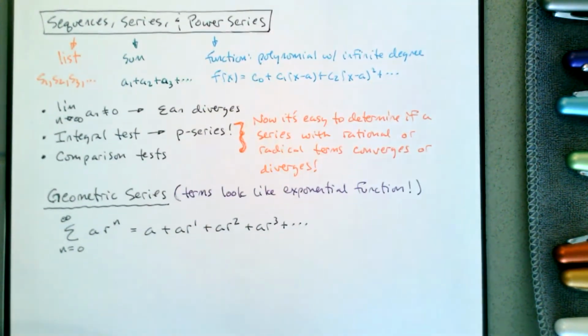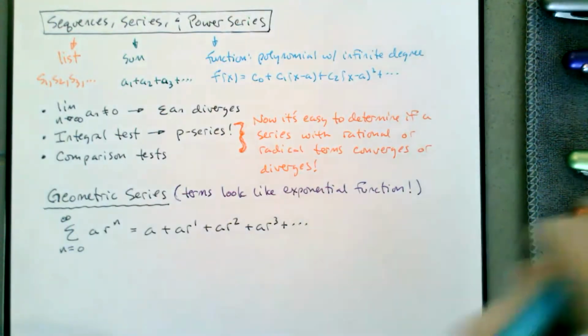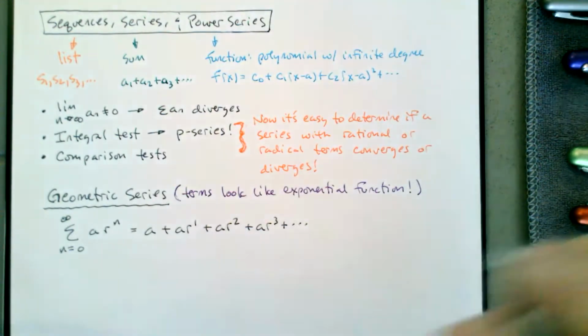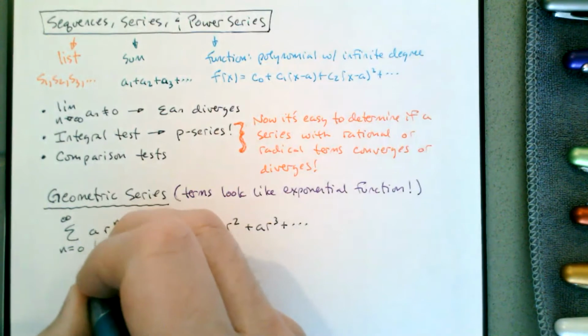A series with this form is called a geometric series. I'm going to refer to a as the coefficient, and r is going to be called the common ratio.